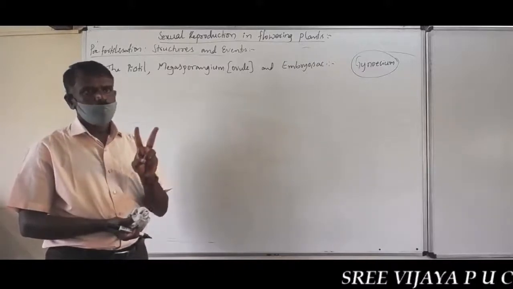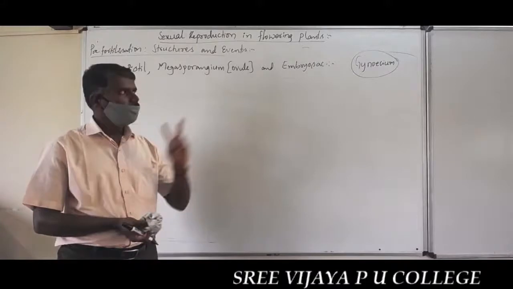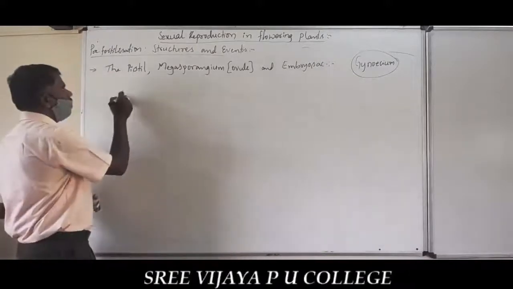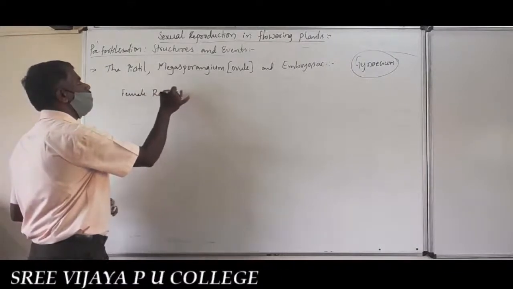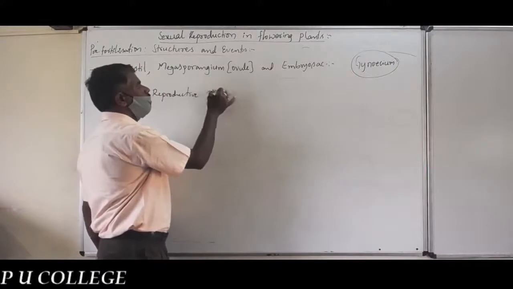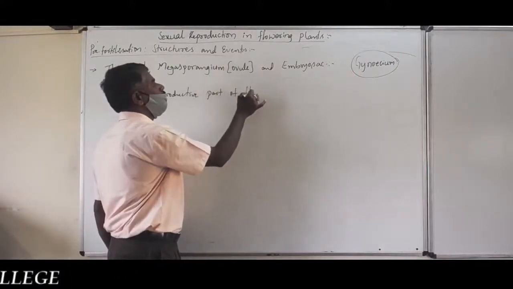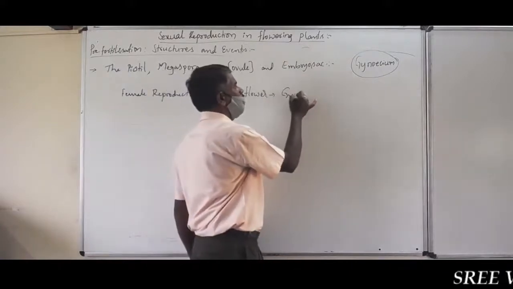The second essential whorl is the gynoecium. The gynoecium is the female reproductive part of the flower.